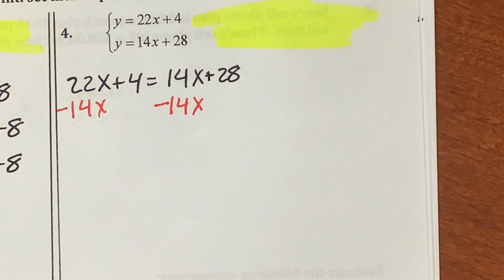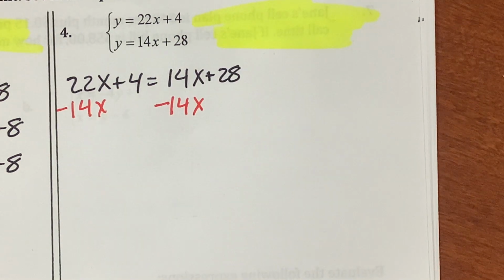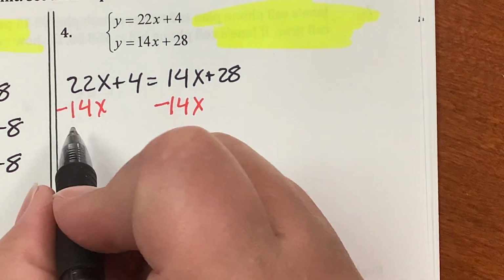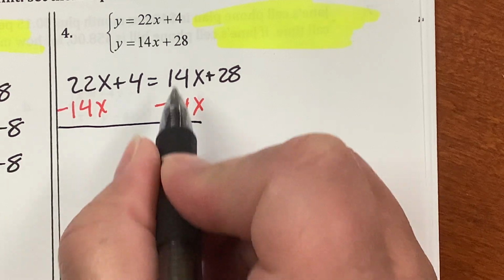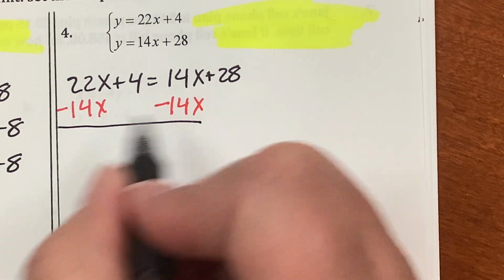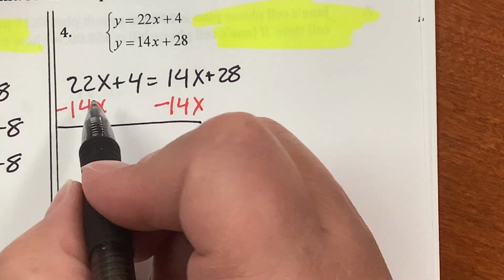And I'm using negative and subtraction pretty much equivalently at this point. They're not the same, but it's okay for you to use them as if they are the same right now. Later on in the year, I'll explain the difference, but right now, if it's positive and the opposite is negative, subtract. Just go with it.